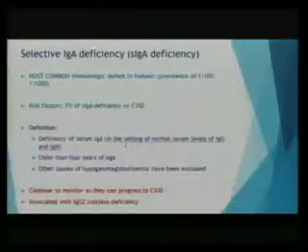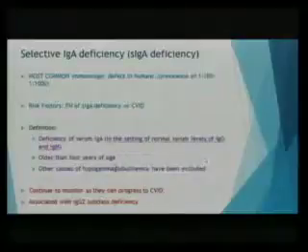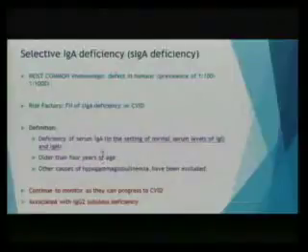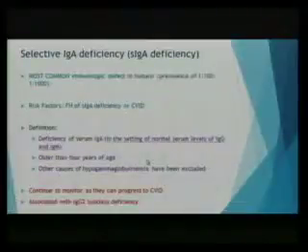Typically you can't diagnose this until age 4. Some reports now say it can take up to age 6 to 8 to fully develop the IgA, so typically you just follow them before you even consider this. You also want to make sure other causes of hypogammaglobulinemia have been excluded.